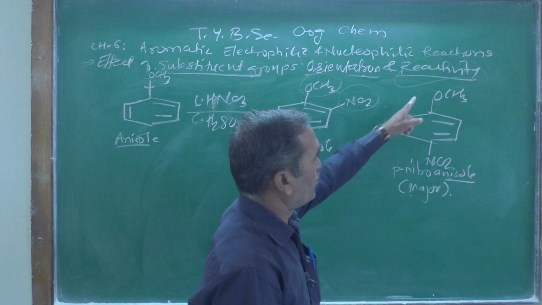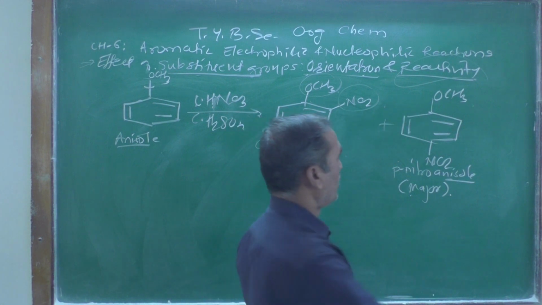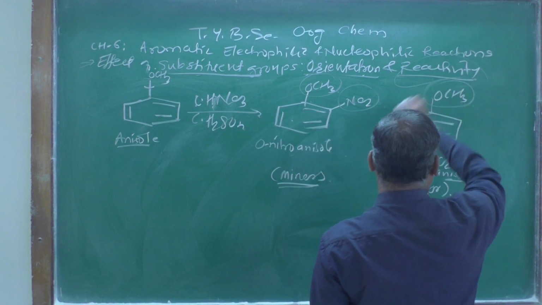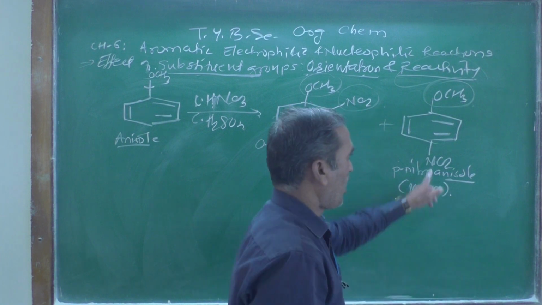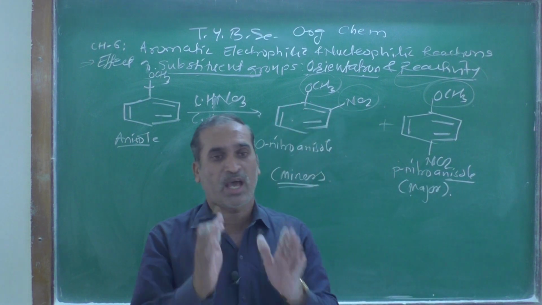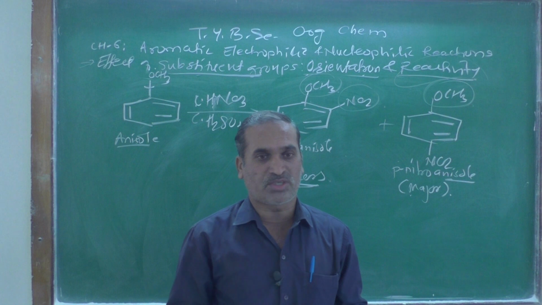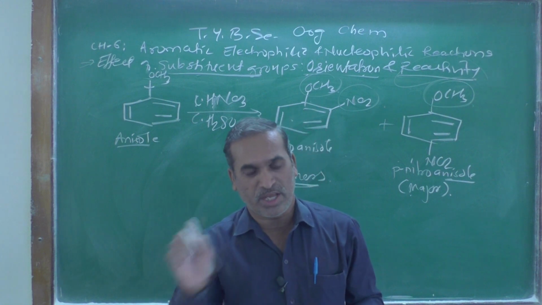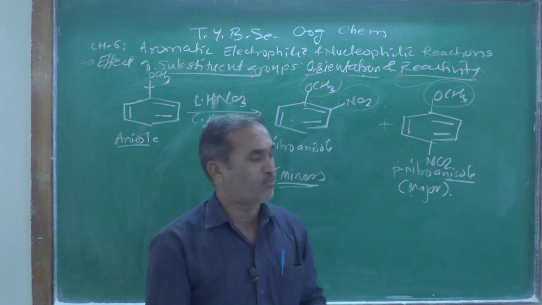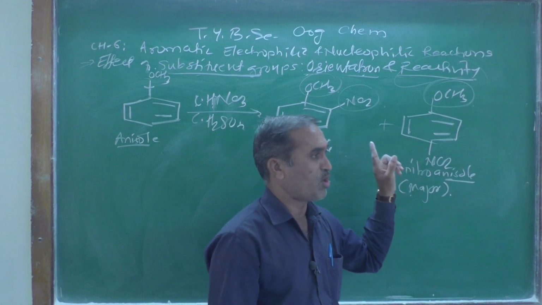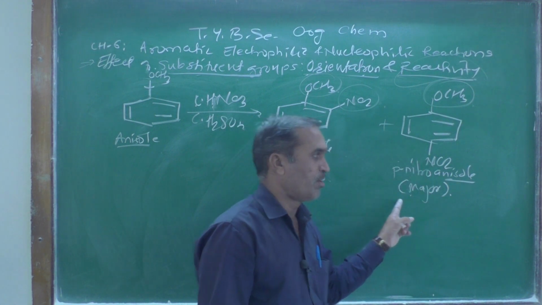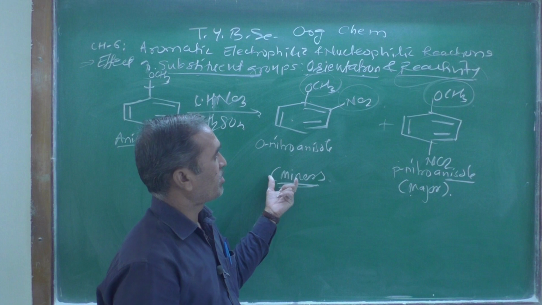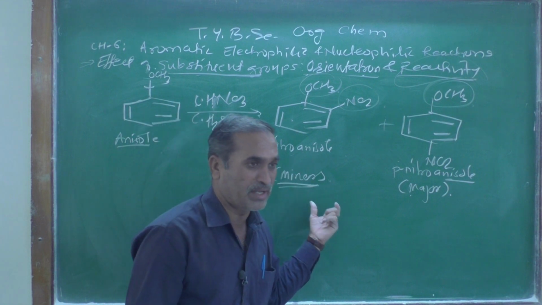But if you look here, the O-methoxy and nitro groups are well separated from each other. There is no steric interaction, and therefore this one is obtained as the major and this one as the minor.